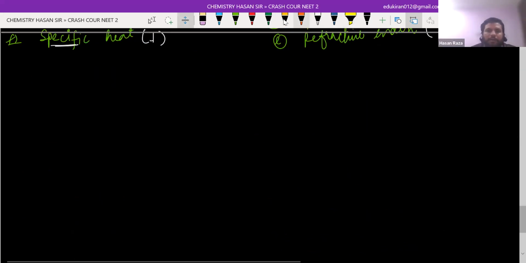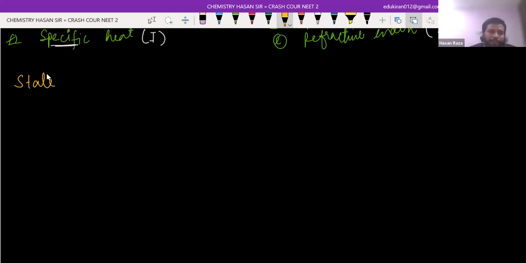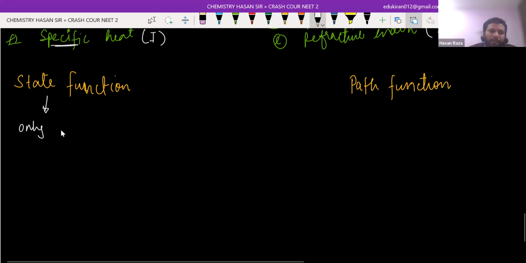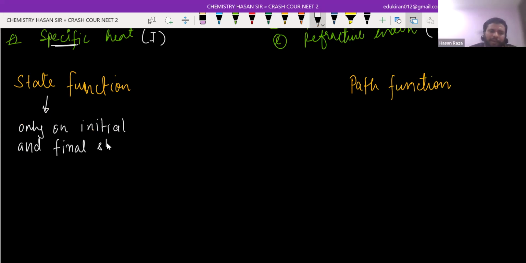Now the next topic, which is very important: there are two types of function here, state function and path function. You have studied this chapter in physics as well. So see, any function which depends only on the initial and final state is your state function.